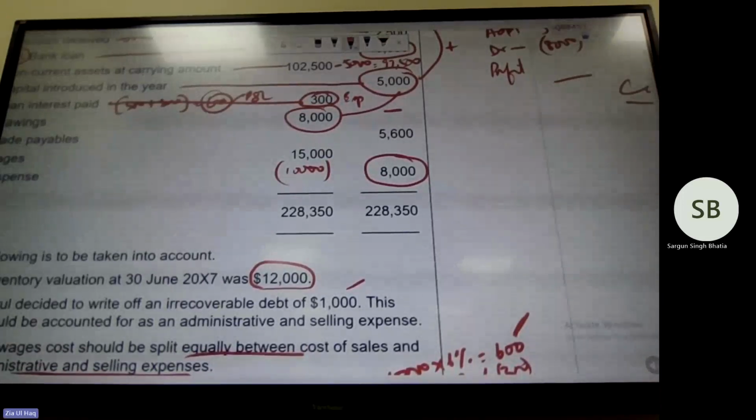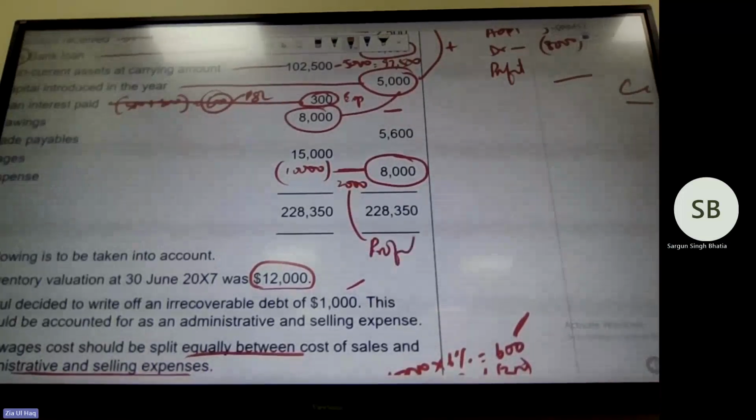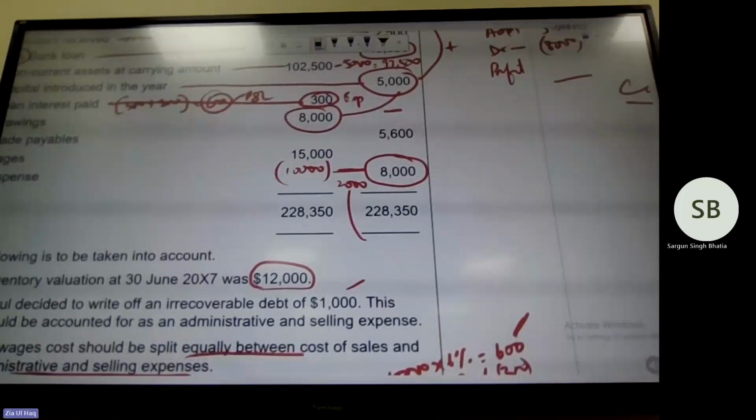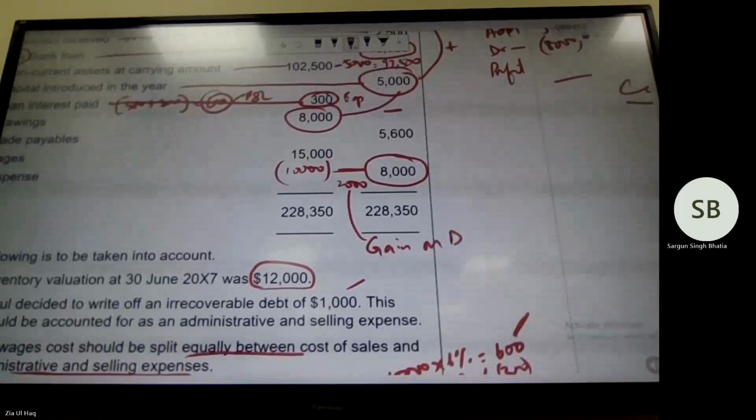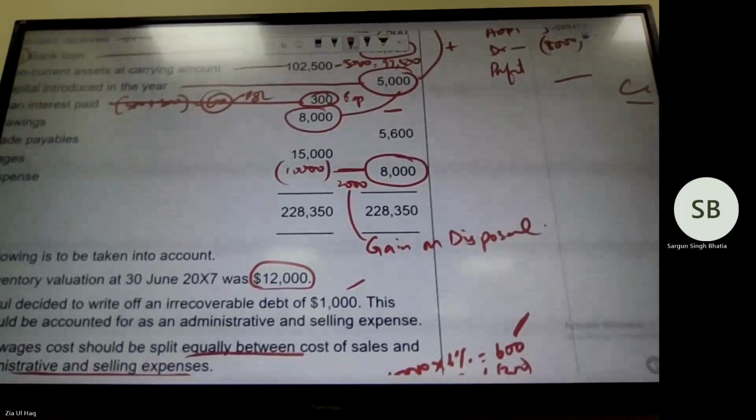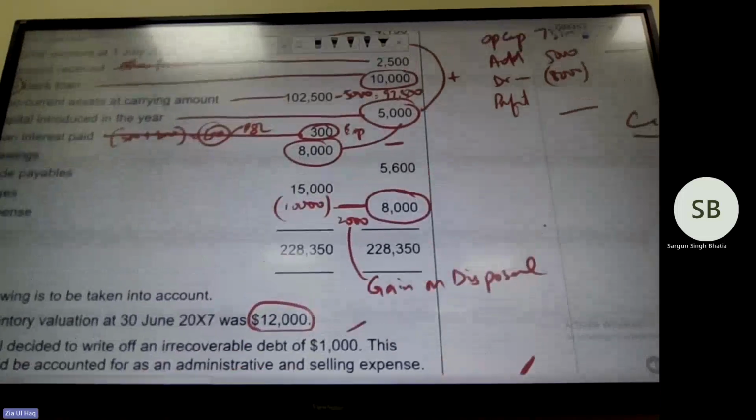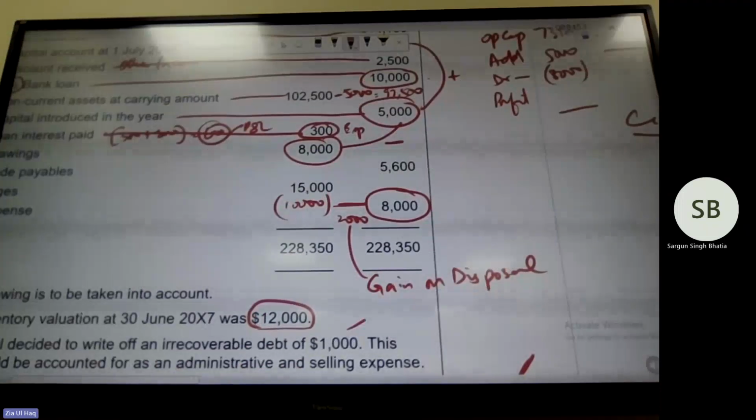If we deduct 10,000 from here, what could be the difference between these two amounts? The difference will be 2,000. What will be the 2,000? That will be the gain, not profit. We will call it gain on disposal. So what we need to do is subtract this 10,000 from the asset.